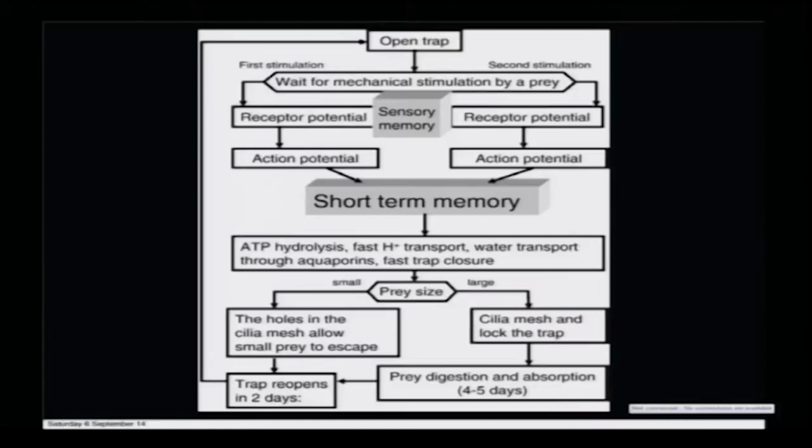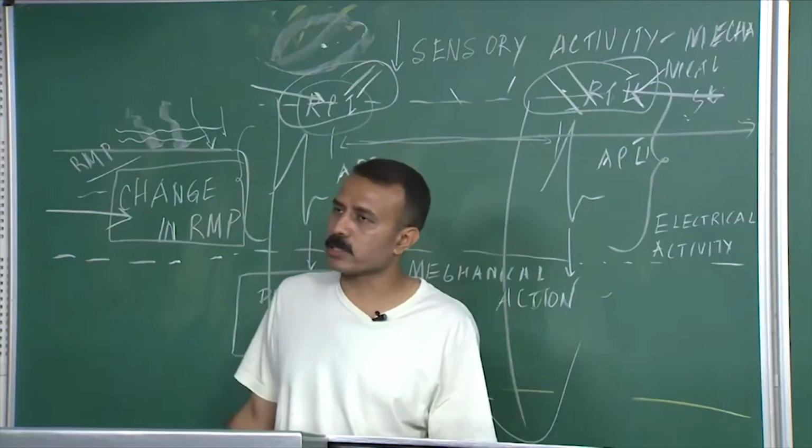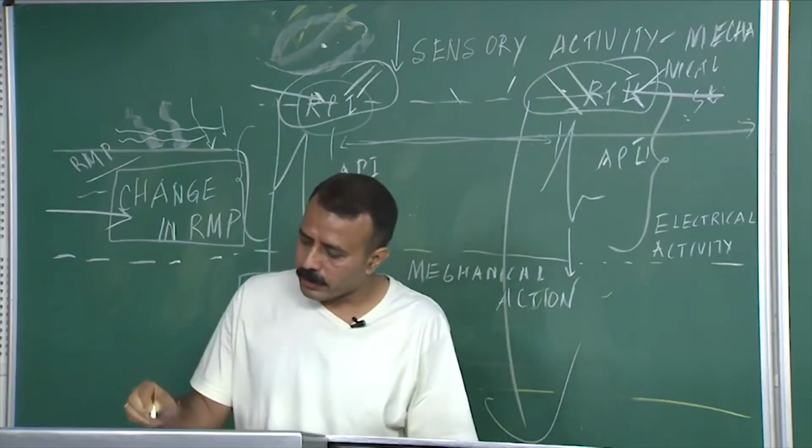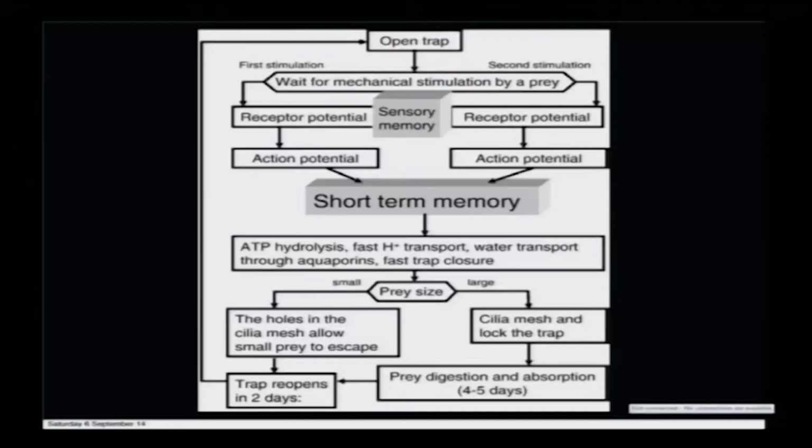If the holes in the cilia mesh allow the small prey to escape, the trap reopens after 2 days. But if the insect is completely trapped, with the effect of the digestive enzymes secreted by the leaf surface, the cilia mesh is locked. Looking at the slide, it will not open before 4 or 5 days.